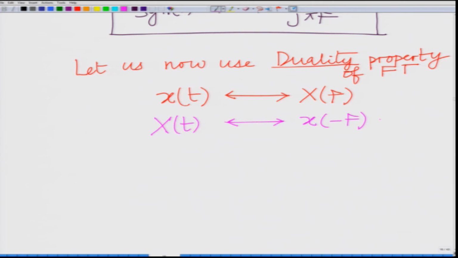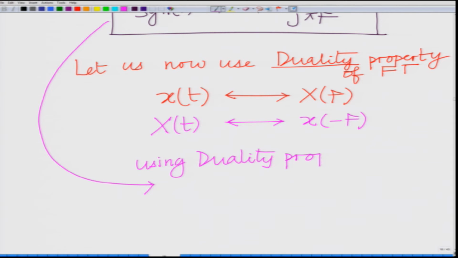Using the duality property, we have sin t has Fourier transform 1 by j pi f. So, if sin t has Fourier transform 1 by j pi f, then 1 by j pi t has Fourier transform x of minus f, that is sin of minus f.